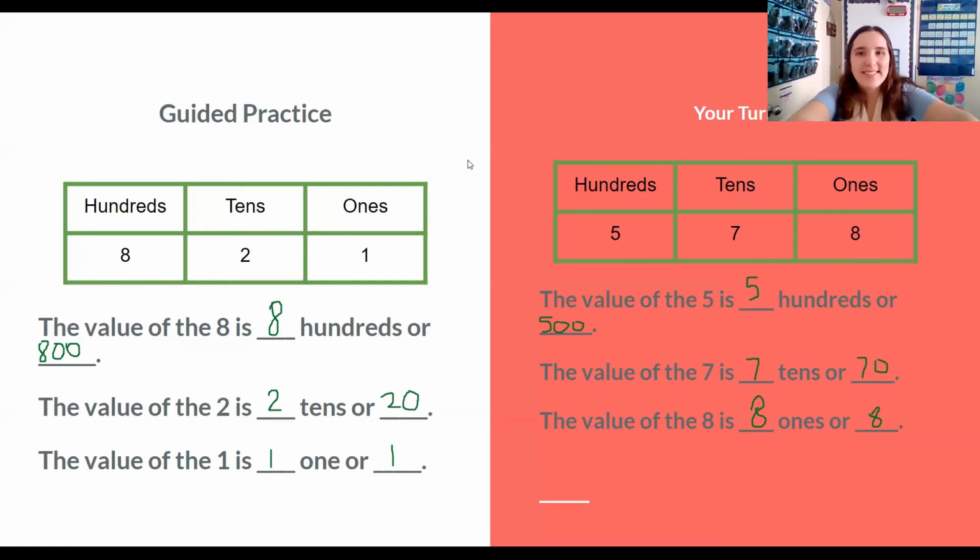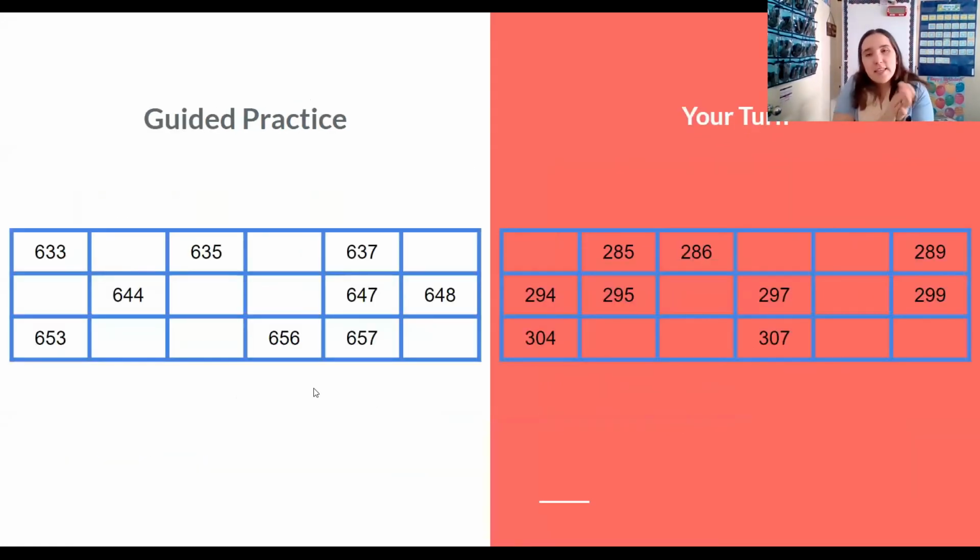So that's why this is a great skill to also practice for that. Let's see what else we're doing. Okay, you might recognize these. We need to fill in the blanks in these tables and use our patterns and our place value skills to find the numbers that are missing. We're starting at 633. Now I can see that 633 and then another number and then 635.